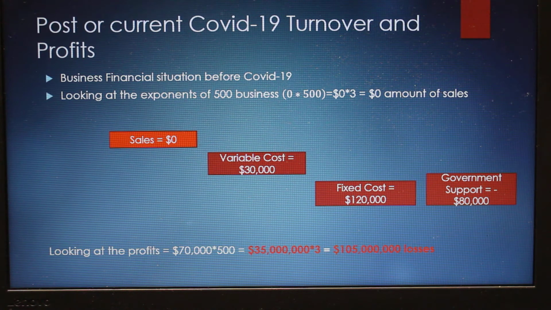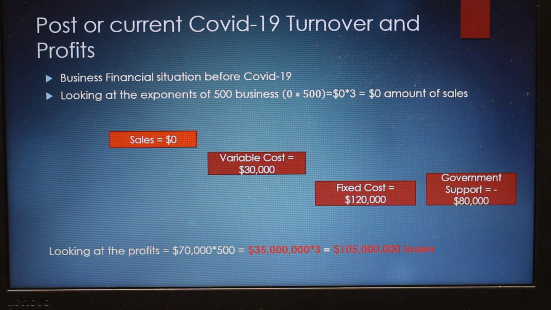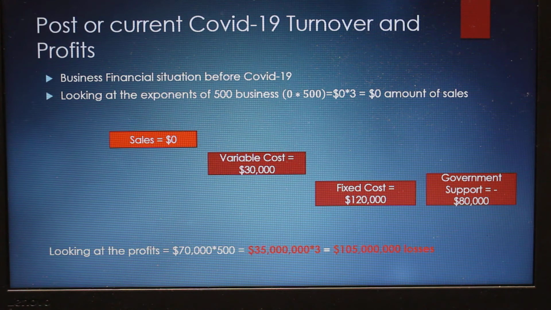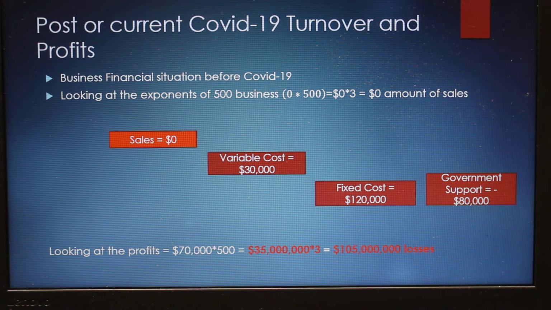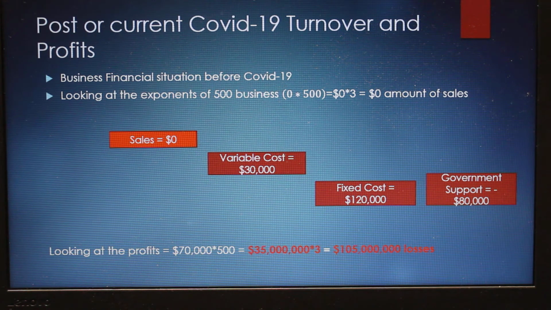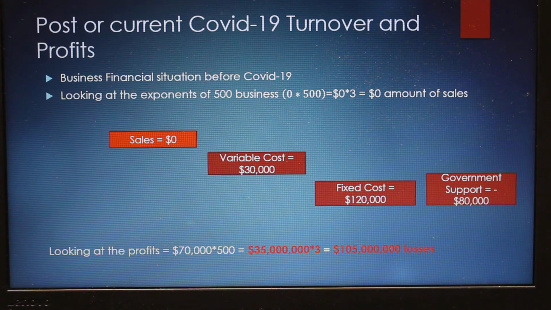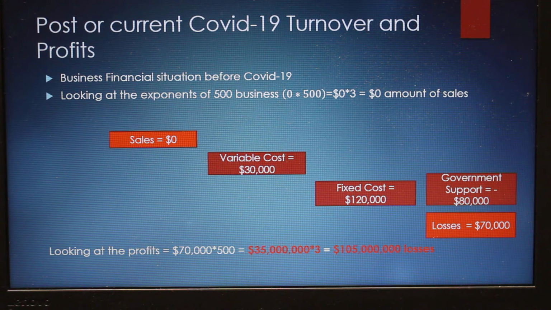In some instances, variable cost, which is not a function of sales volume, would still occur. So we might have a situation where variable cost is at the similar level. And fixed cost is also fixed, so therefore it will not change. But the government support coming on board will alleviate some of the strain on the fixed costs. But even with that scenario, we would have losses of 70,000.